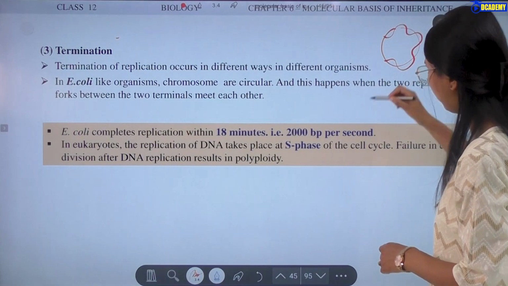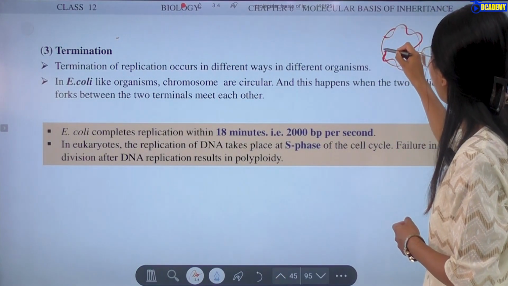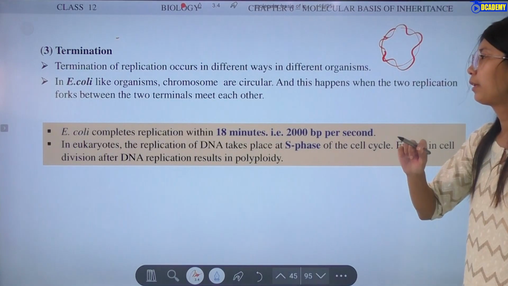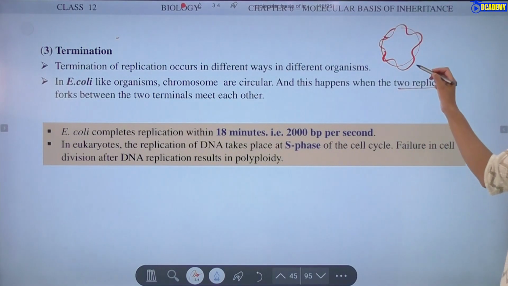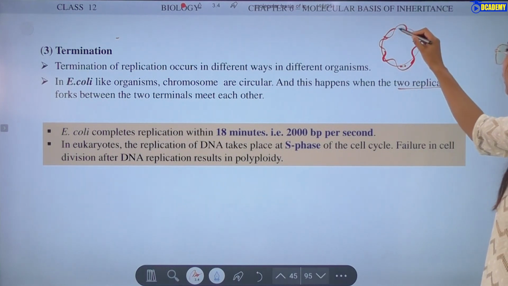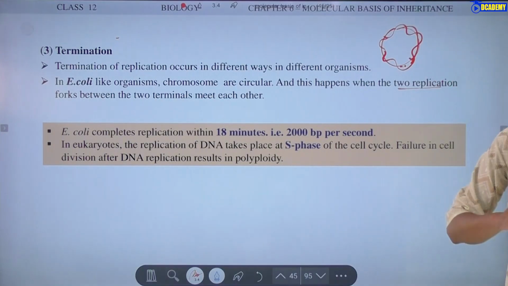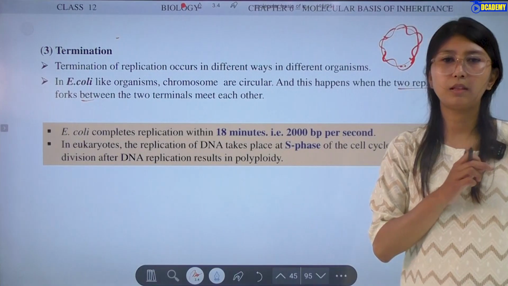The replication forks on the two sides proceed around the circular DNA until they meet and join, and replication terminates.